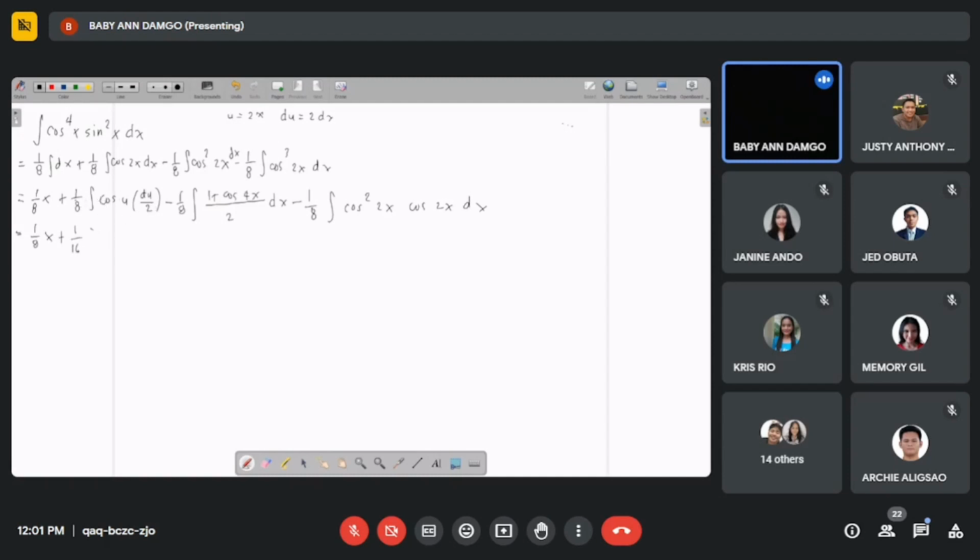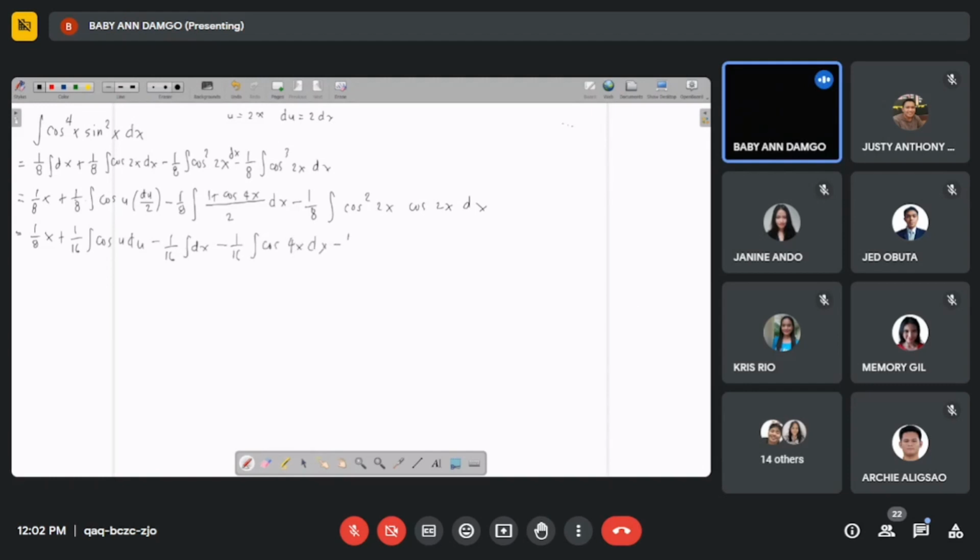So we have integration of cosine u, minus, here we have 1 over 16 integration of dx minus 1 over 16 integration of cosine 4x dx. Okay?